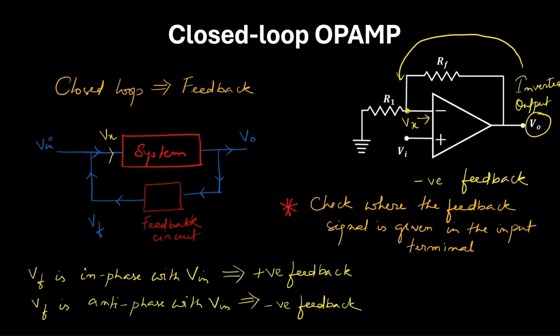If it is given in the inverting terminal, then you can directly say it's a negative feedback. If the feedback signal is given in the non-inverting terminal, then you can say it's a positive feedback. Most of the numericals on OPAMP are based on negative feedback, but some few questions are also asked where they have used the positive feedback. At the end of this video, we'll be discussing numericals on positive feedback also.